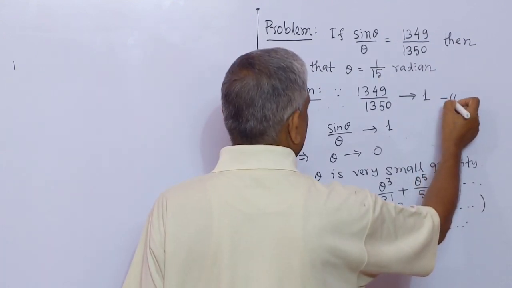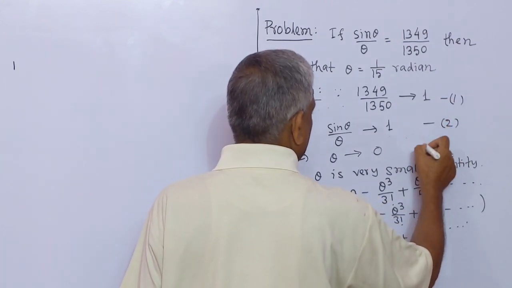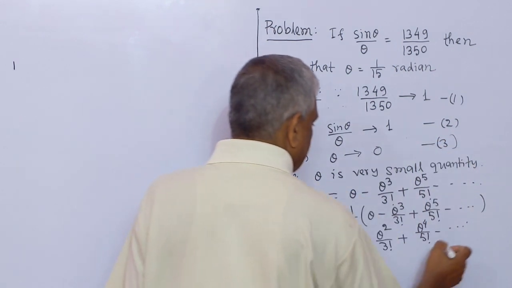This is number 1, this is number 2, this is number 3, and this is number 4.